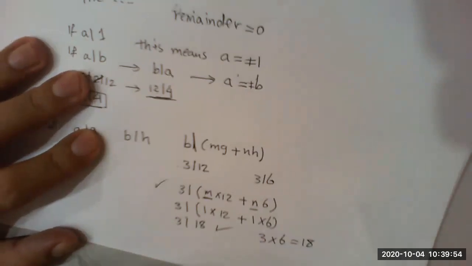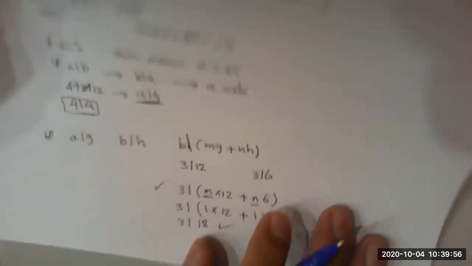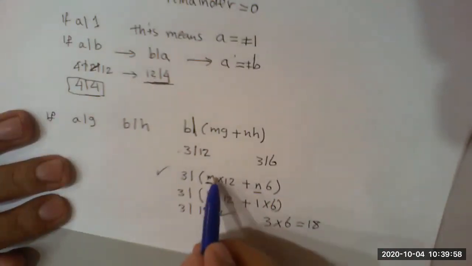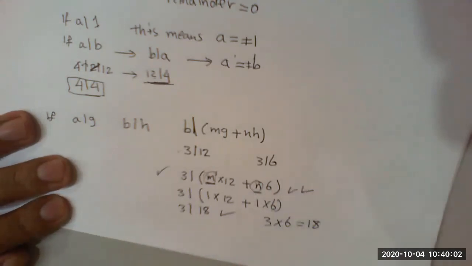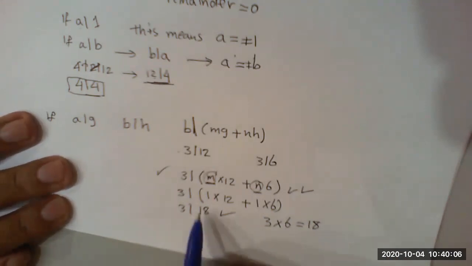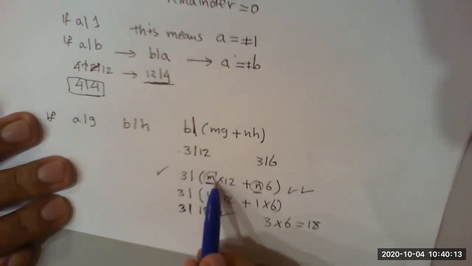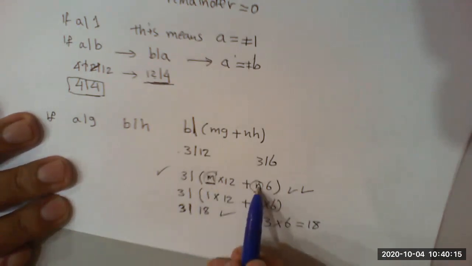There is no remainder. If I change anything, I put any number here, this relation works. Here 3 divides 18, this works because M is 1 and N is 1.